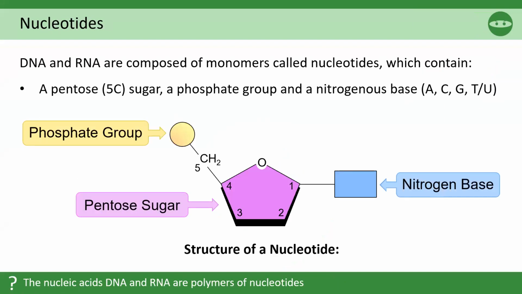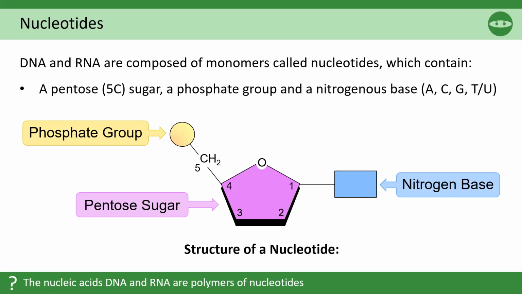First, the nucleotide is composed of three main parts: the phosphate group here in yellow, the pentose sugar in purple, and the nitrogenous base that is represented here by a blue color. These are the three main parts of a nucleotide. So DNA or RNA, both are composed of monomers that are called nucleotides.